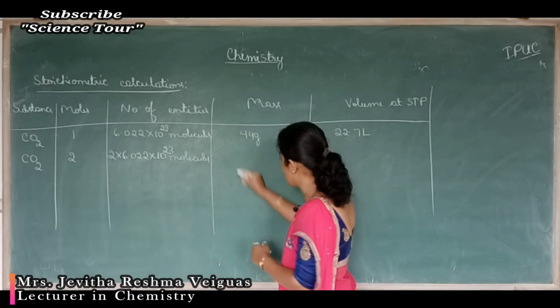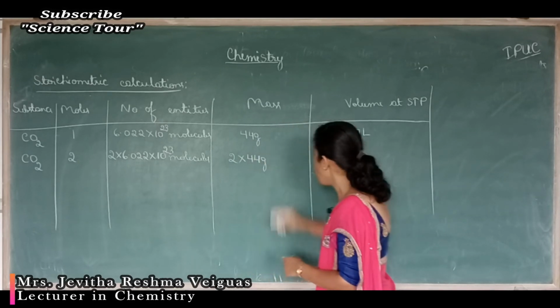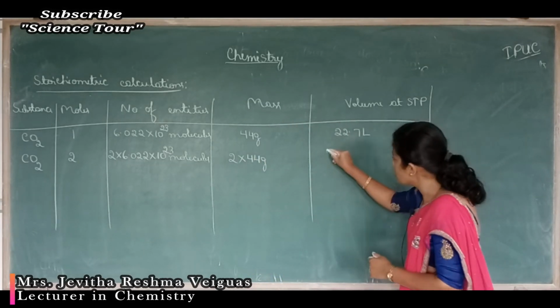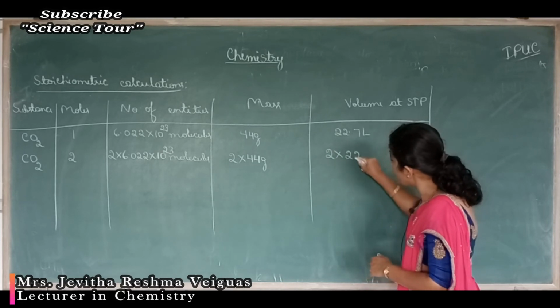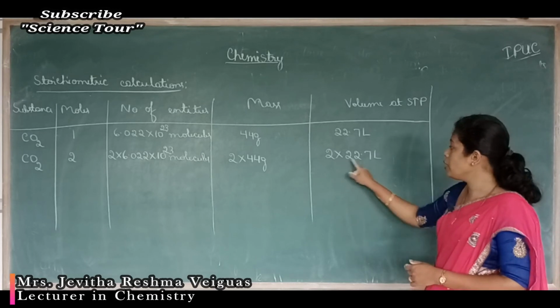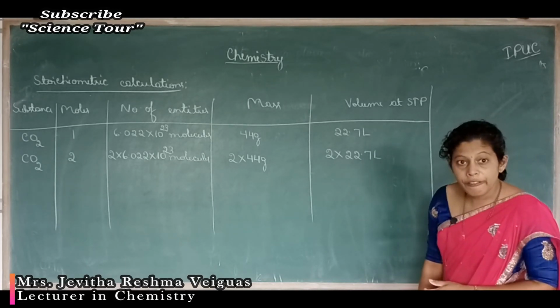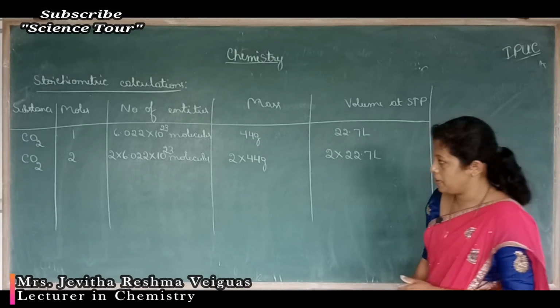What is its mass? It is 2 into 44 grams. What is the volume at STP? It is 2 into 22.7 liter. At STP it is 45.4 liter.